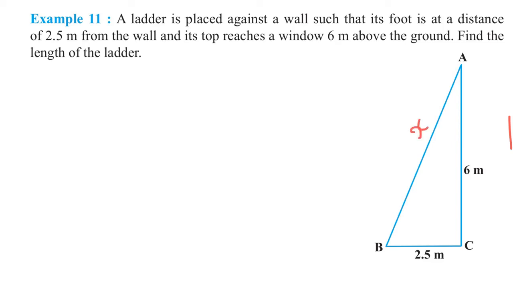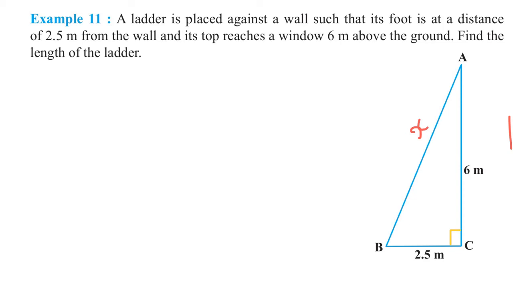So let's try to work out the problem. This is the Pythagoras theorem, because angle C is 90 degrees, so this is a right angle triangle. What is the hypotenuse over here? It's x.